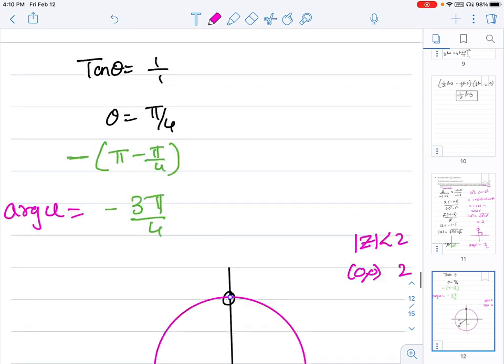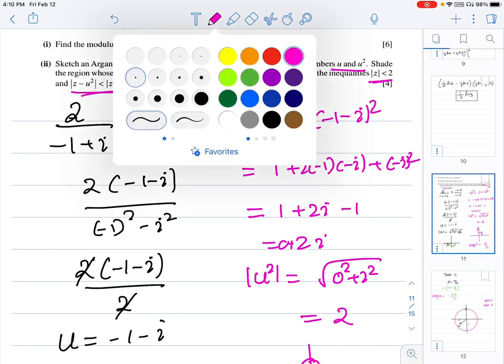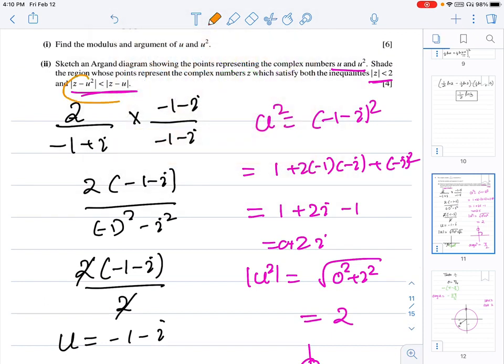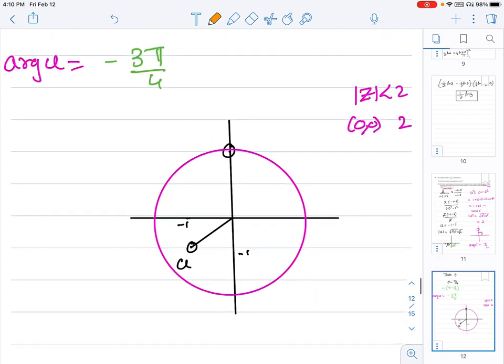And the next one is given as modulus of z minus u squared is less than modulus of z minus u. So it's a perpendicular bisector of u and u squared.